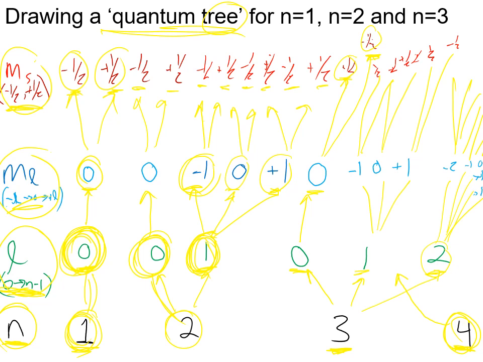There's going to be some overlapping. Shape 2 from principal quantum number 3 happens to actually be higher in energy, once you get electrons in, than principal quantum number 4, shape 0. And so principal quantum number 4, shape 0 is actually at a lower energy.